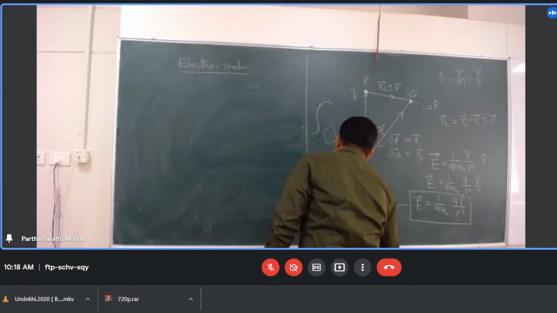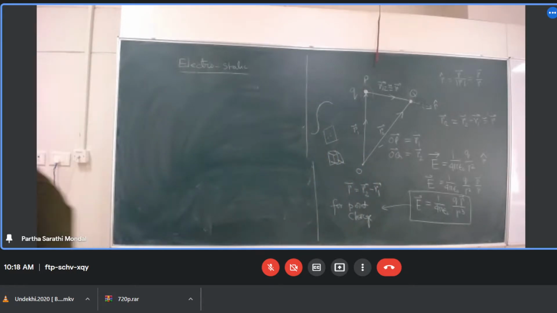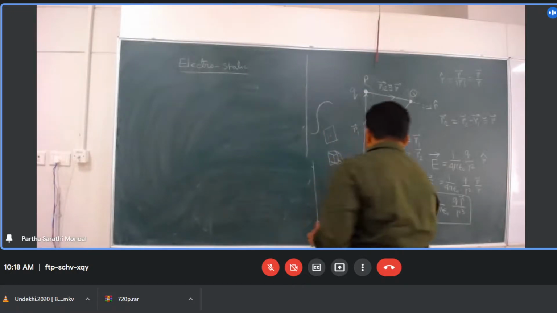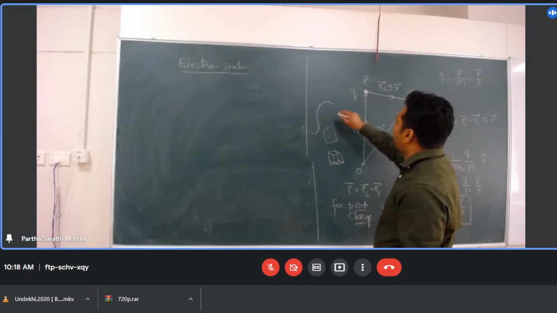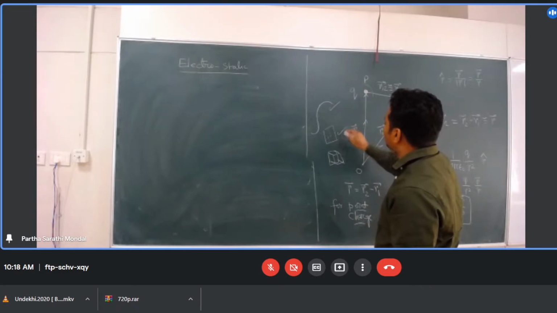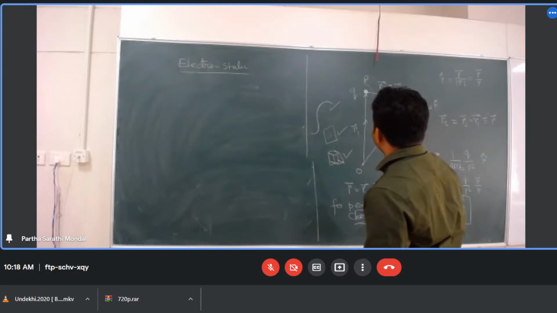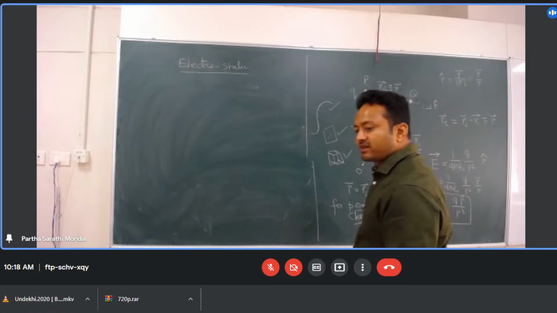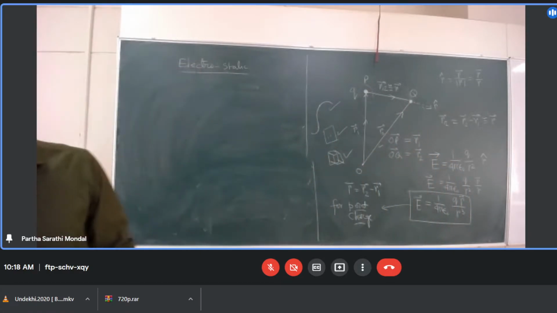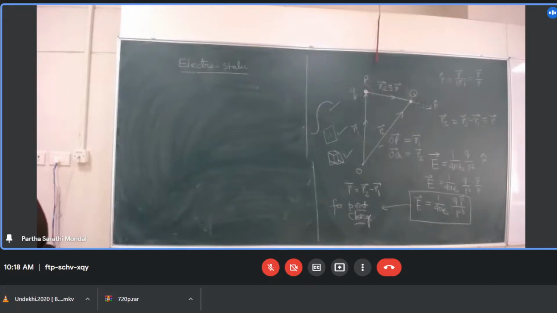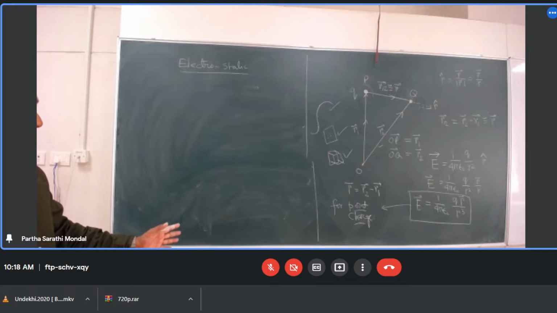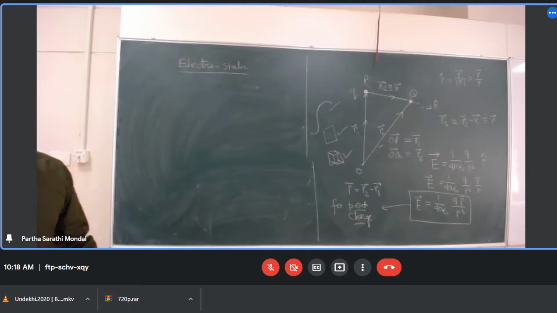So now instead of putting a point charge at Q, if I put a linear charge distribution or surface charge distribution or a volume charge distribution, then what will be the electric field? That we can calculate very easily by using our concept of line integral, surface integral, and volume integral. So that's why we learned about vector and integrals.